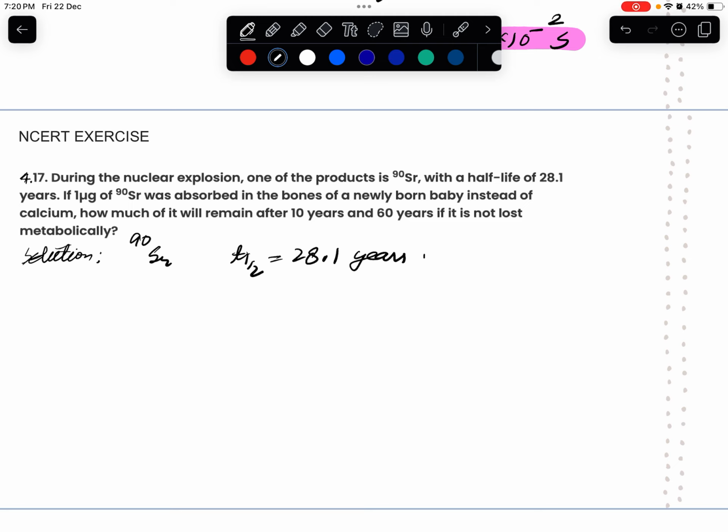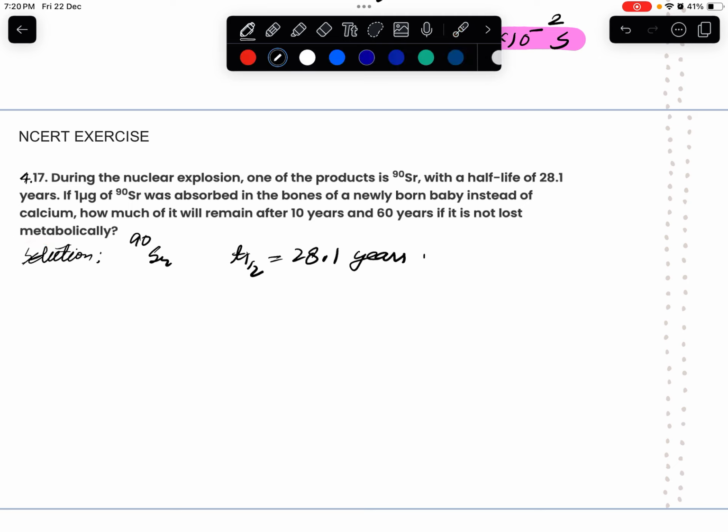Okay, in the second part they say if 1 microgram of this was absorbed in the bones of a newborn baby instead of calcium, how much of it will remain after 10 years and 60 years if it is not lost metabolically?